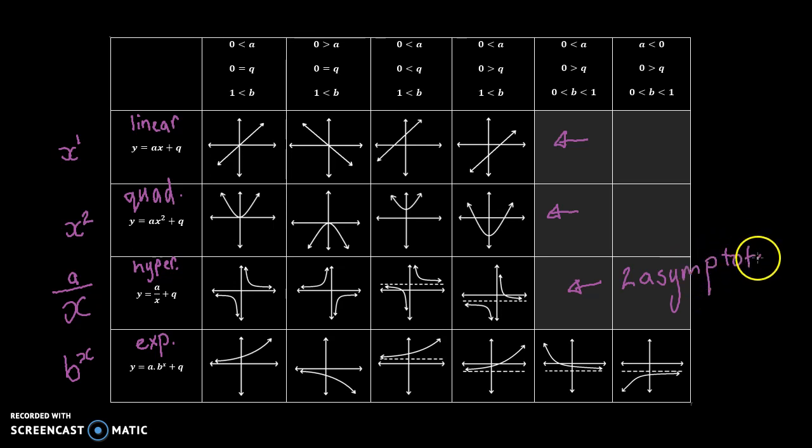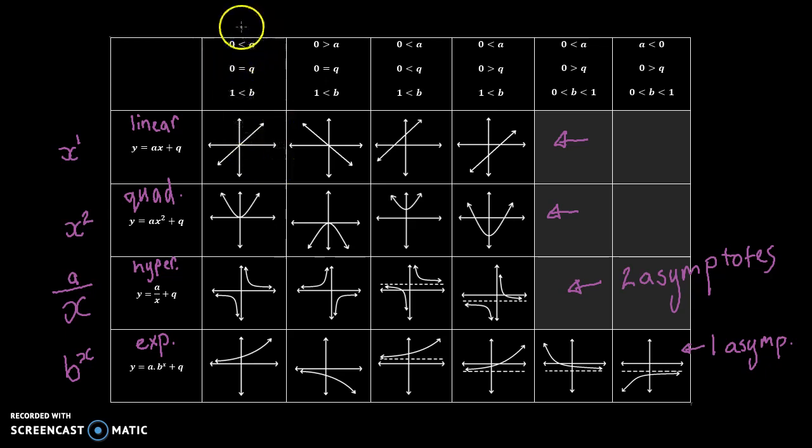Remember, an asymptote is a line that the function will continue to approach but never, ever, ever touch. Then lastly, we have an exponential function which has 1 asymptote. It's pretty important that you know what each one of these variables does to the equation. And that's why I like this.